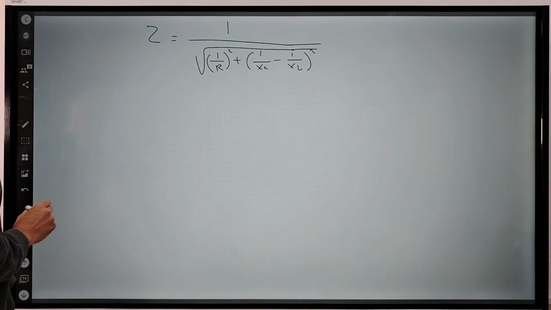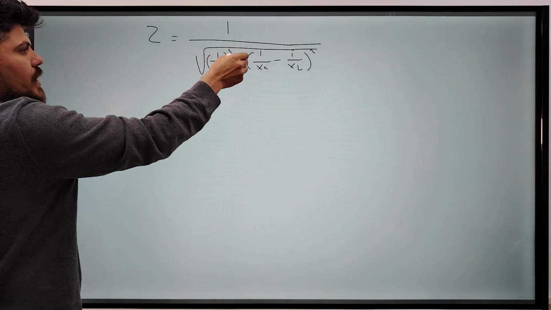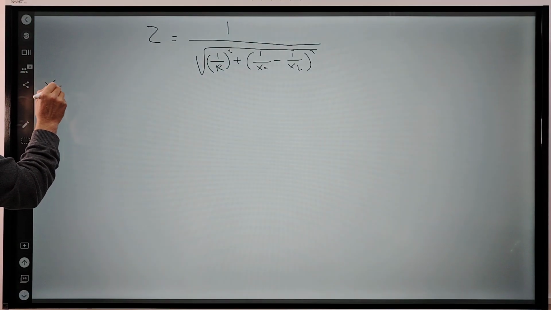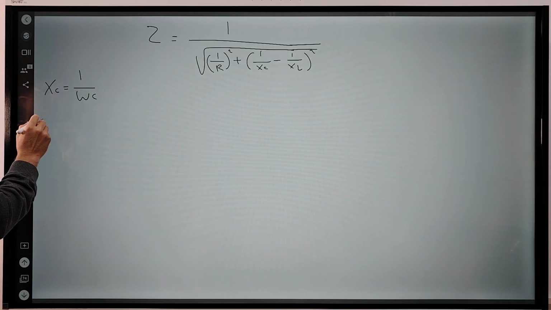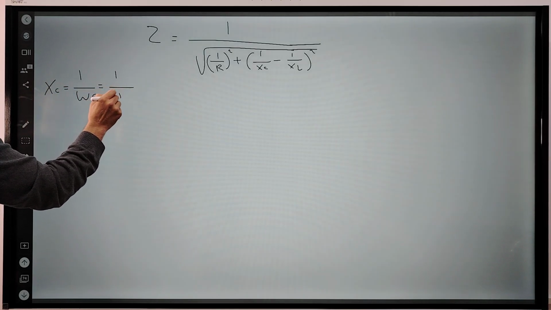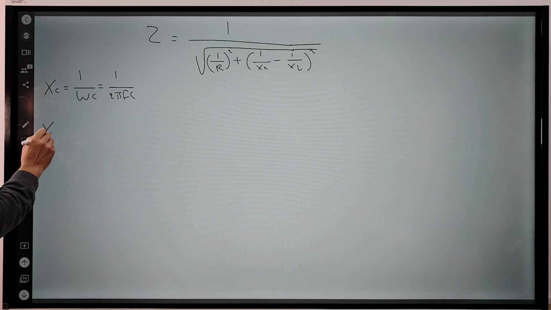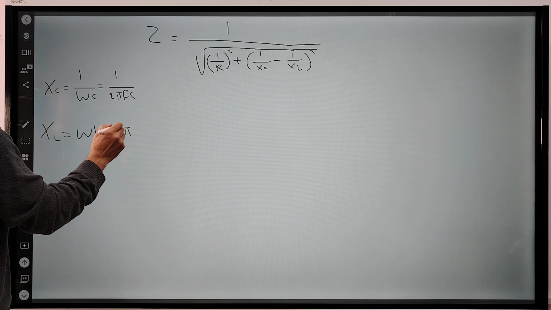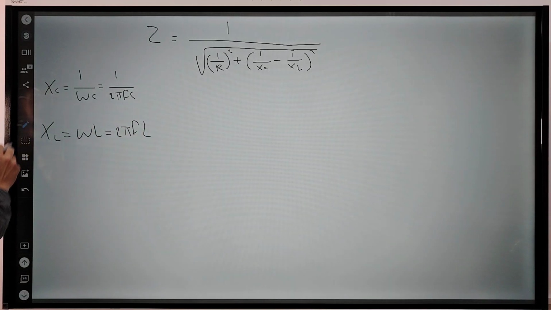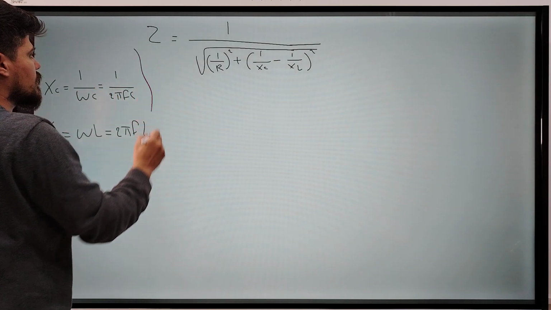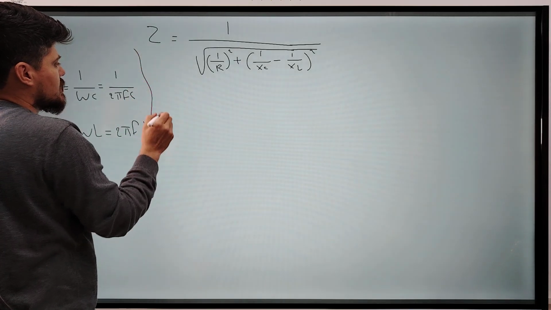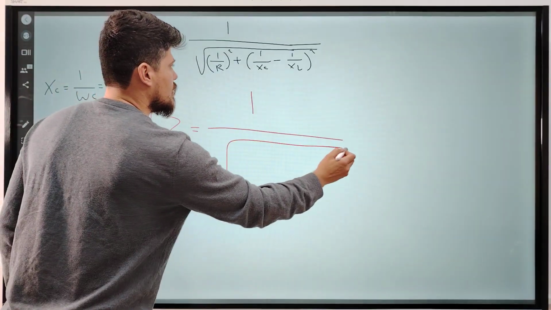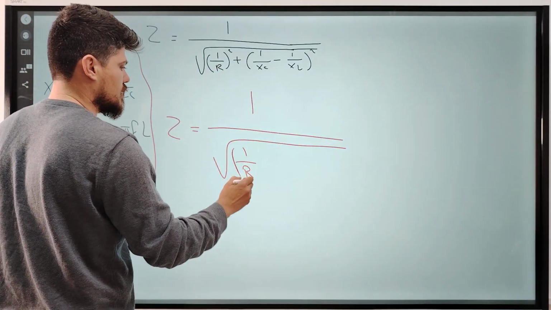And also you can rearrange this equation because XC is equal to 1 over omega C, which is 1 over 2 pi FC, and XL is equal to omega L, or 2 pi FL. You can replace into this equation. Okay, the equation becomes, like we bring down this Z, 1 over R squared.